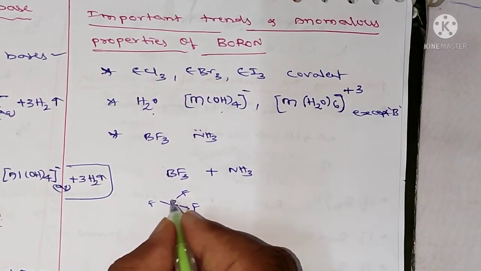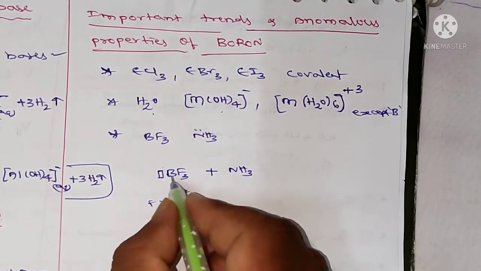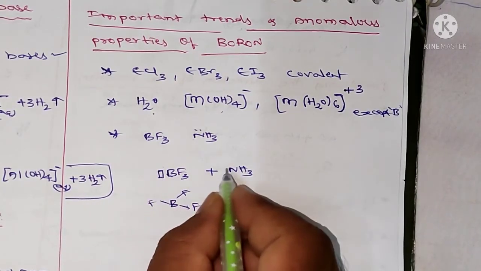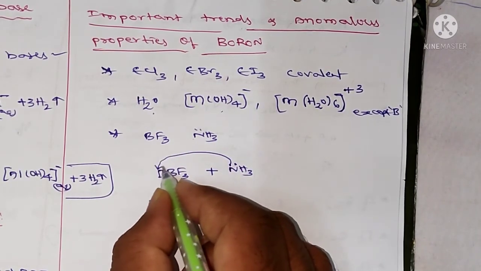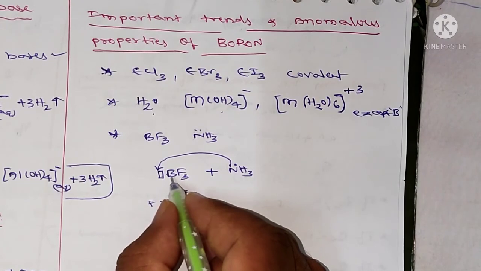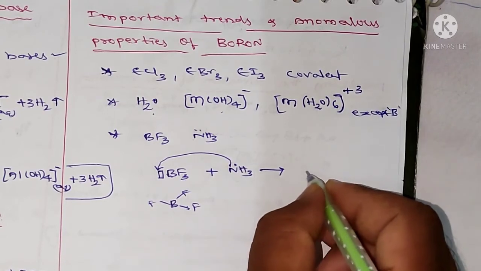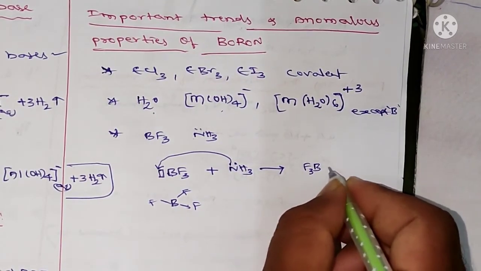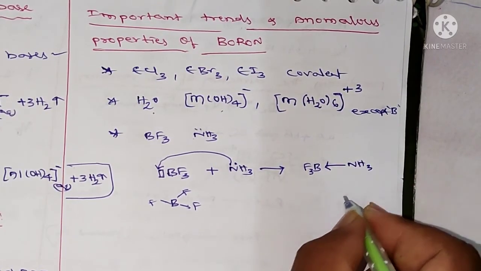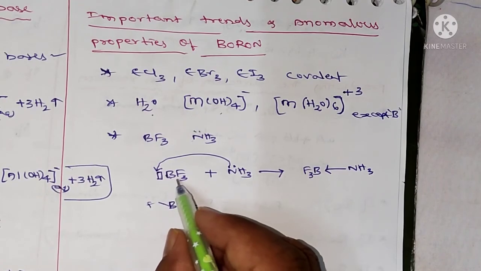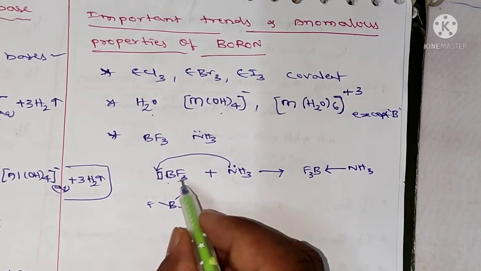To complete the octet, it requires 2 more electrons. Boron has empty orbitals, which accept electrons from electron donors. NH3 can donate the electron pair. Now boron has 8 electrons around it, and it forms a coordinate covalent bond between BF3 and NH3. So the monomeric trihalides are electron deficient and strong Lewis acids.